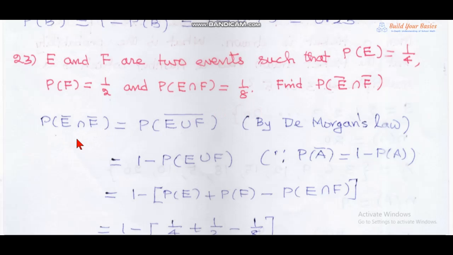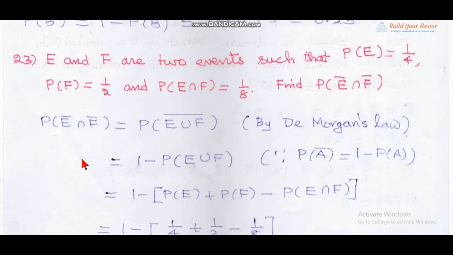By De Morgan's law, intersection of complements is equal to complement of the union.